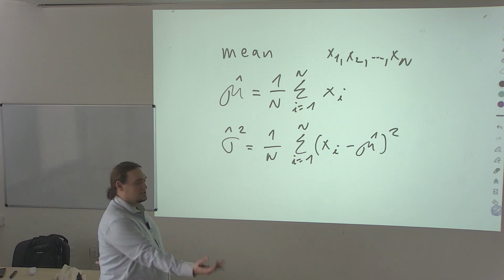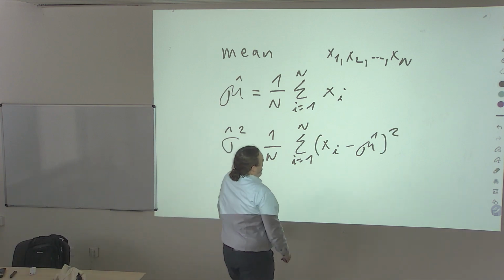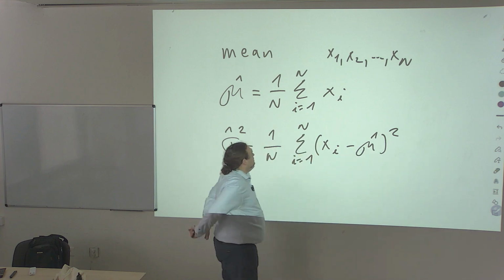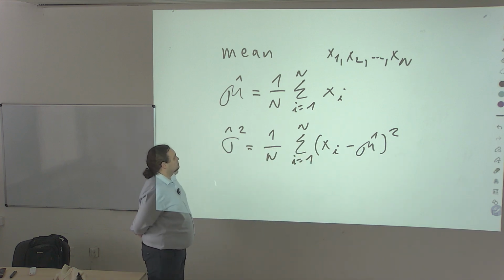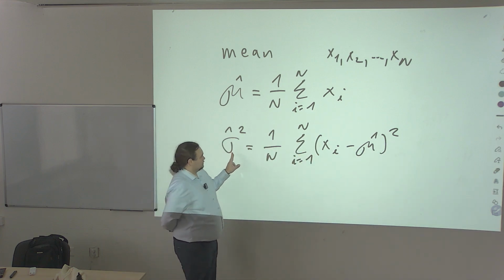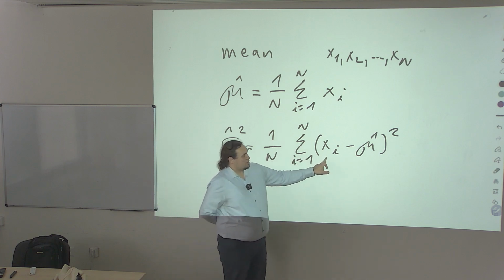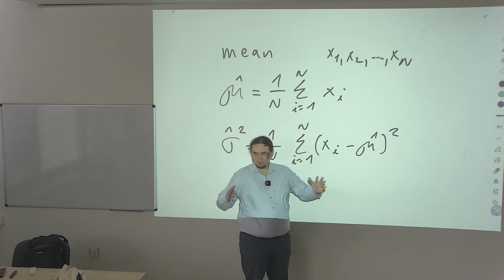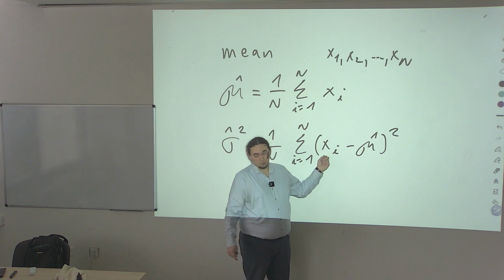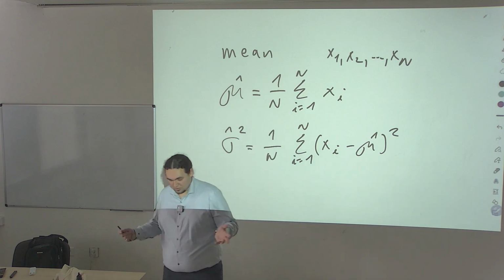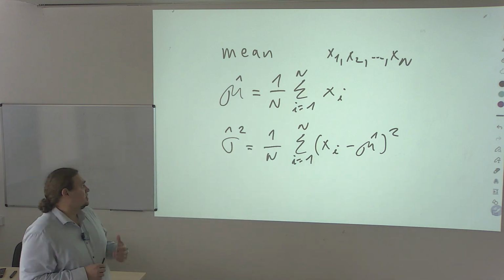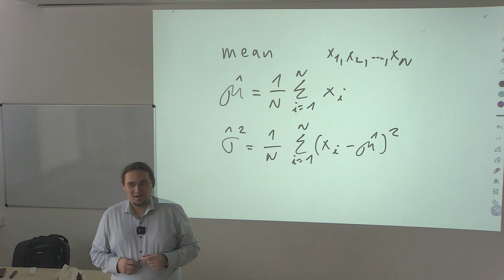Since this difference can be positive or negative, the square comes to the rescue. So the standard deviation is the average distance of, like, our heights in this room, or the temperatures in this room throughout the year, from the mean value.